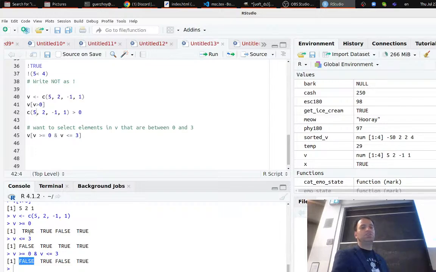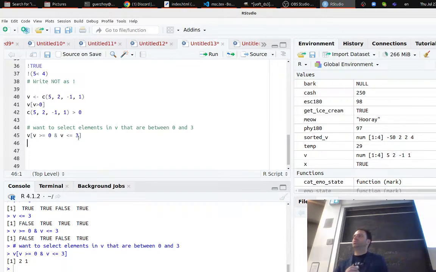Another way of thinking about it: true and false is false. 2 is both greater than 0 and smaller than 3, true and true is true. Minus 1 is not between 0 and 3, and 1 is between 0 and 3, so you get this. Now you're saying I want to select the elements of V where this is true, when it's both greater or equal than 0 and smaller or equal than 3. So you get 2, 1.